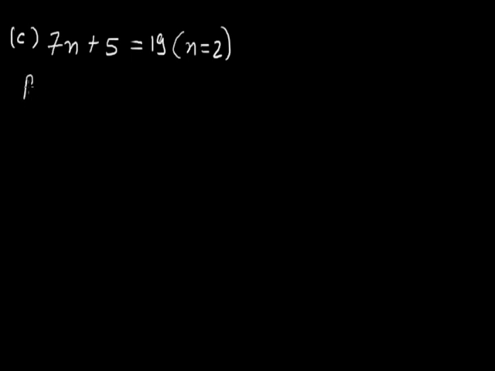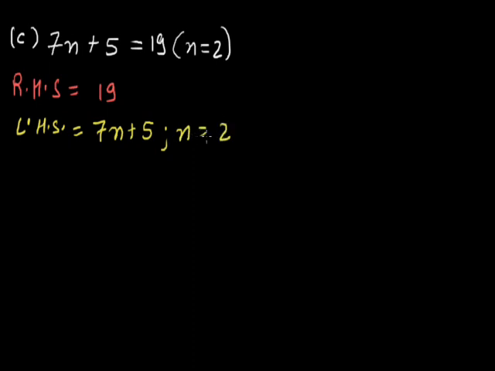Now the right hand side of the equation is equal to 19 and the left hand side of the equation is 7n plus 5, n is equal to 2. Let us put the value 7 into 2 plus 5. So 7 times 2 is 14 plus 5 will give you 19.